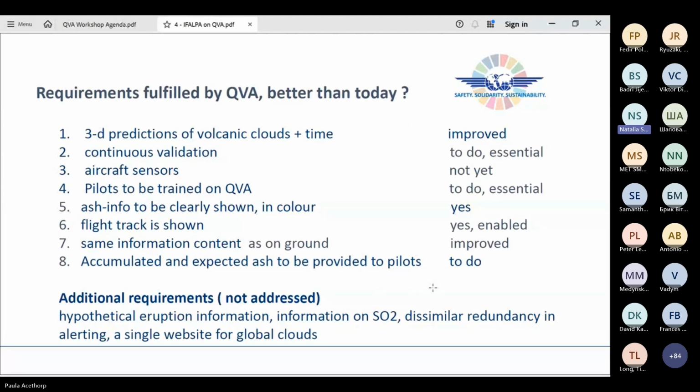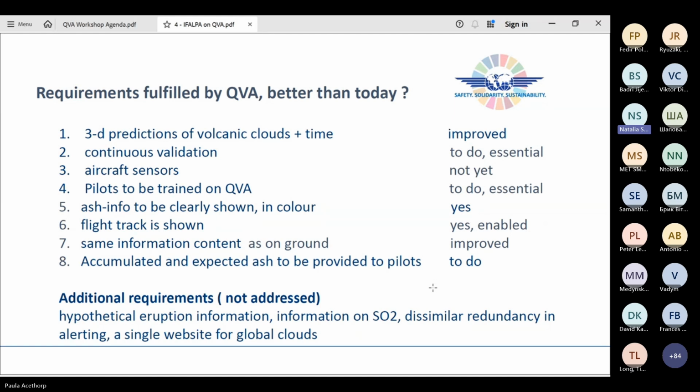So let's see where we are with QVA. QVA is not identical to what we had in EUNADICS, but EUNADICS is, in my view, a very good precursor that demonstrates a lot of QVA. So with QVA, we get improved predictions, even the probabilistic ones. Validation of QVA, I haven't heard much about it.